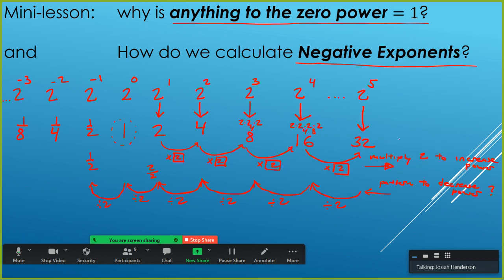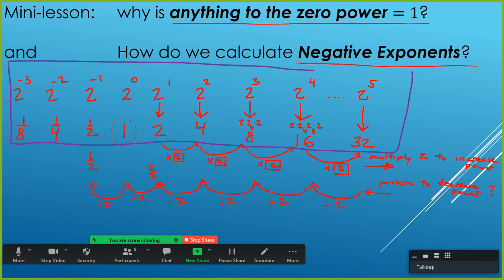I'm going to change my color to purple quick. Focusing now just at the top, the powers, and then what their values are. I'm going to circle or box those right now. On the top, we've got the powers of 2, and then below those, we have their actual values, right? There's actually some symmetry going on here, which is kind of nice. The negative exponents, 1/2, 1/4, 1/8, are mirrored on the right side with their whole number equivalents.